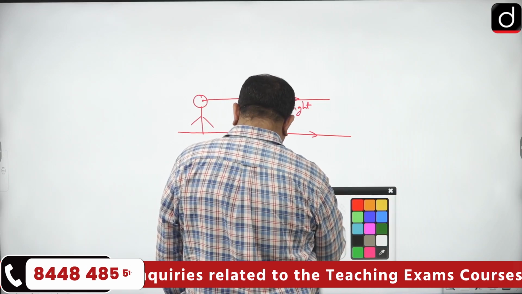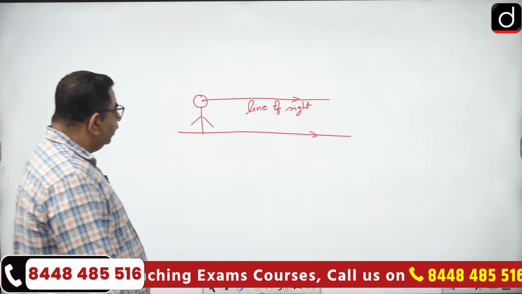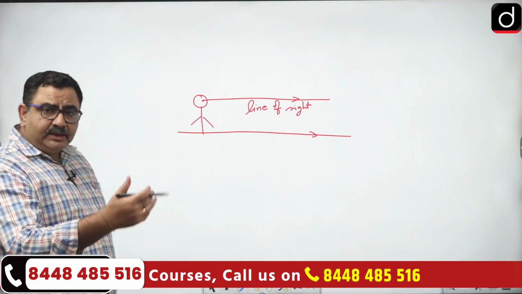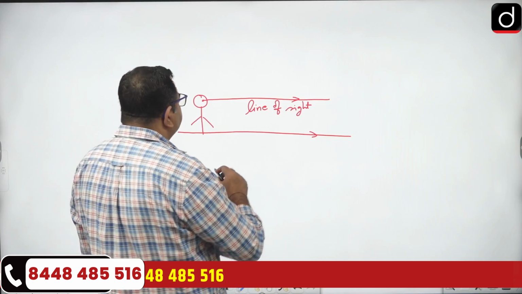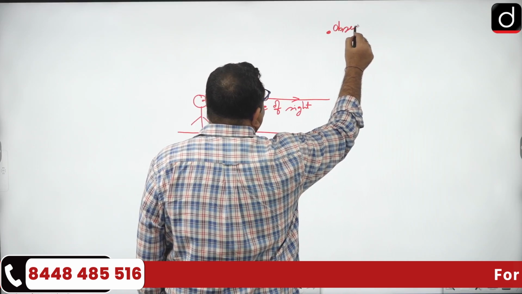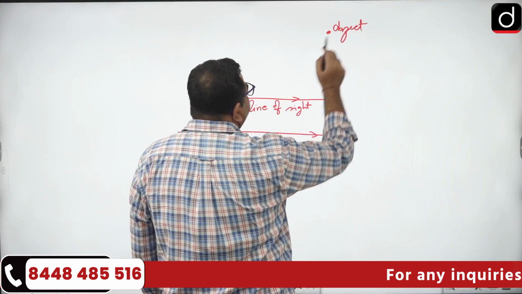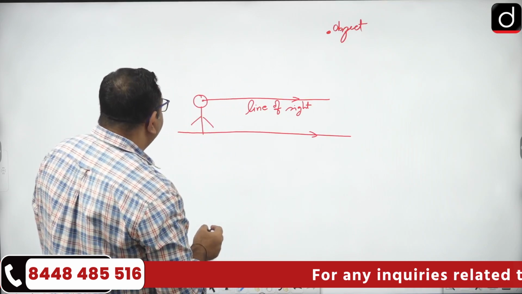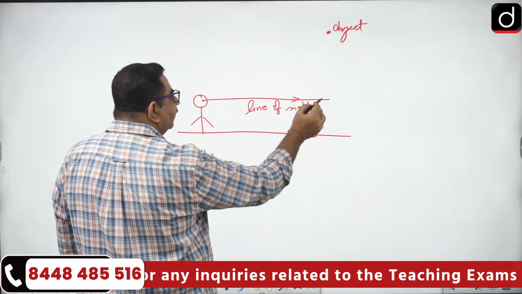Now, if this person sees anything which is above his height, suppose he sees this object, obviously the line of sight will go at an angle upwards.